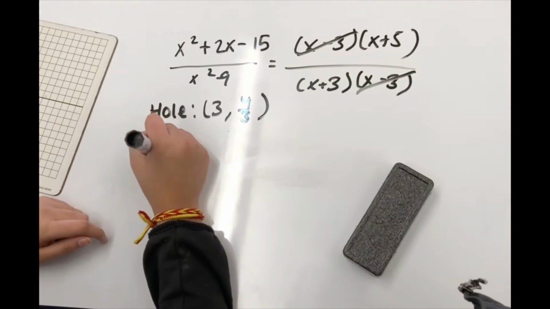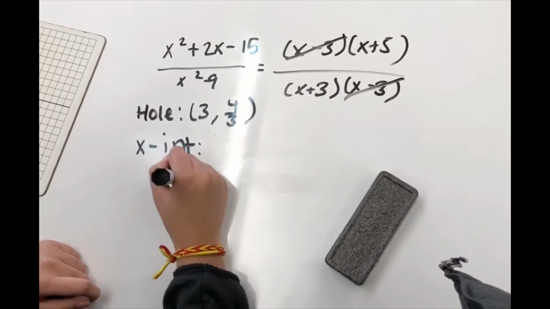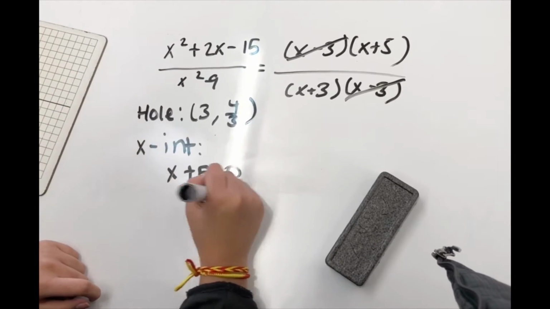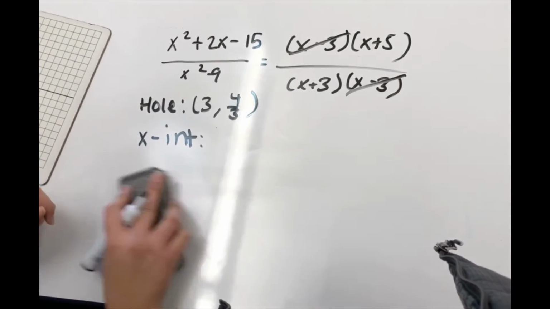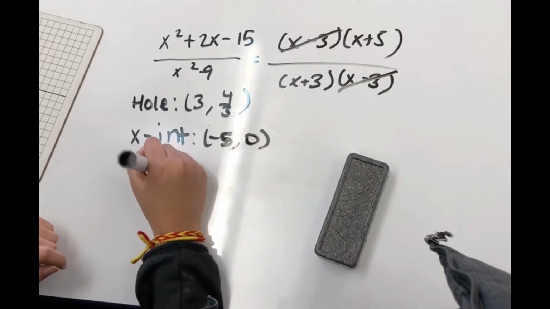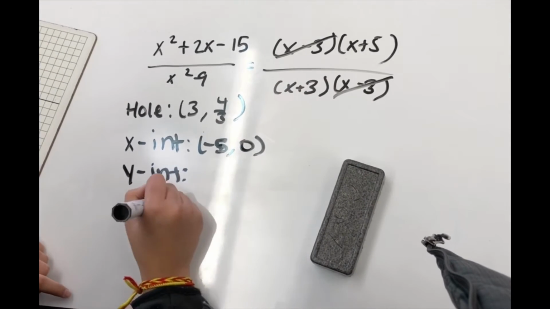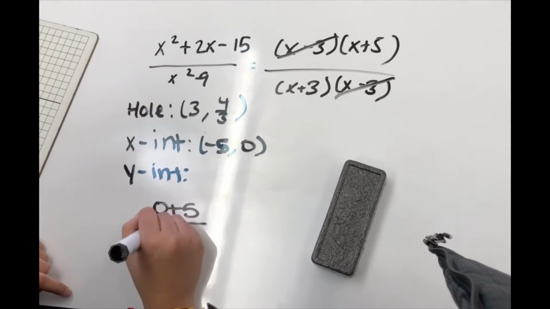For the x-intercept, set x plus 5 equals 0, which will be x equals negative 5. So your x-intercept is negative 5, 0. For the y-intercept, plug in 0 for the x's in the simplified equation, so you will end up with 5/3.